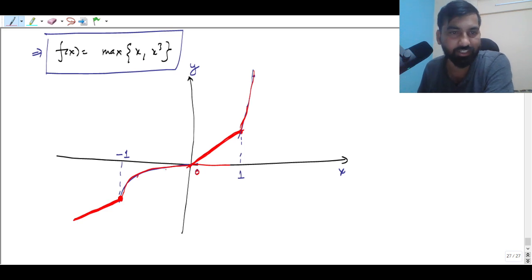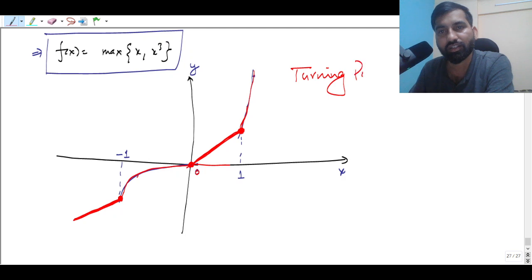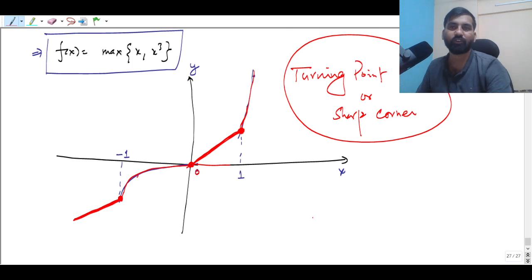One point is at -1, one point is at 0, and one point is at 1. So these are the turning points. Okay, there are three turning points, or you can say sharp corners where the function is not going to be differentiable.